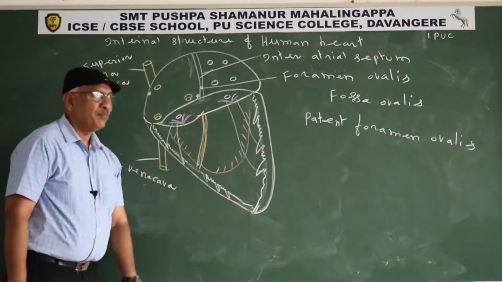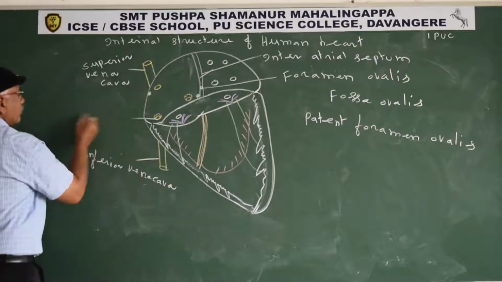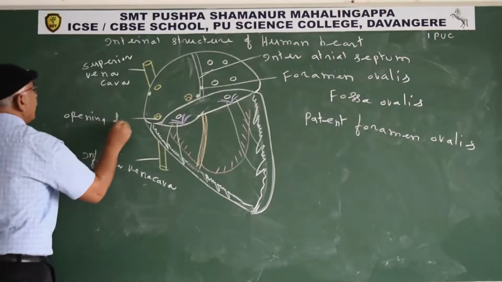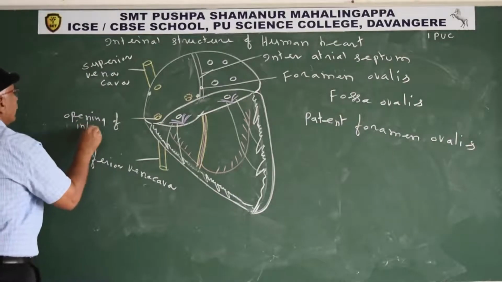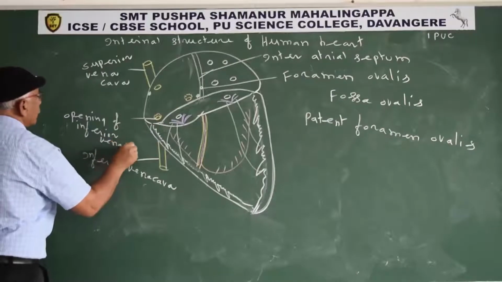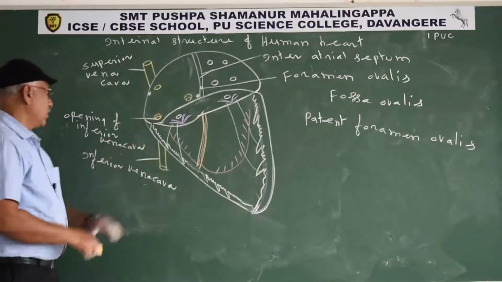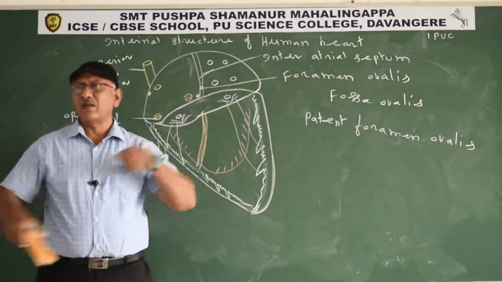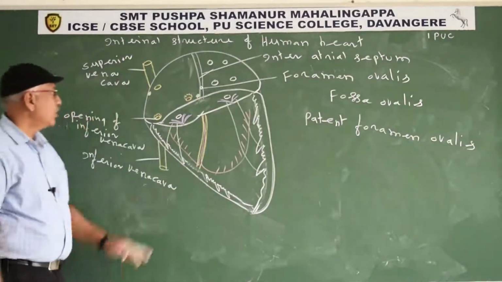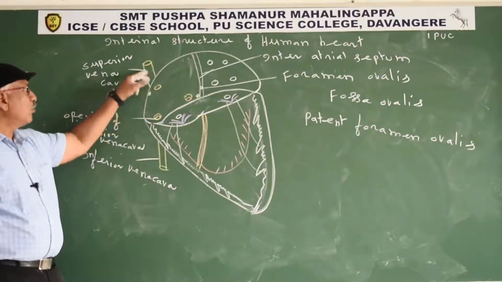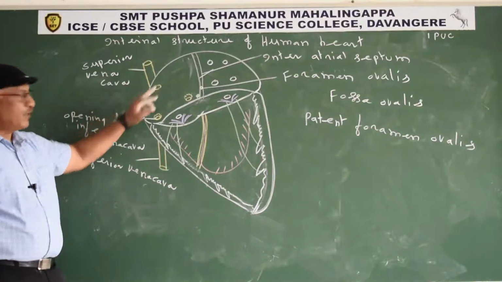The superior vena cava collects blood from the head, thorax and hands, or upper limbs, and pours the blood into the right atrium through an aperture. So it is the opening of the superior vena cava.